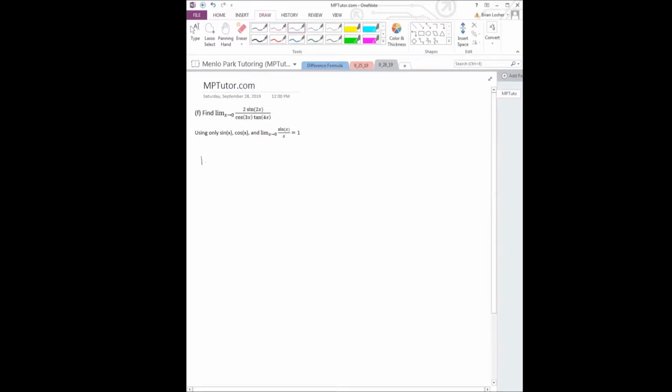So that's going to give us the limit as x approaches 0 of 2 sine of 2x over the cosine of 3x times the sine of 4x over the cosine of 4x.